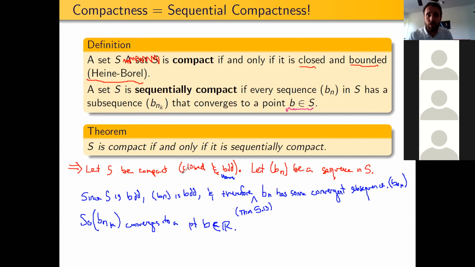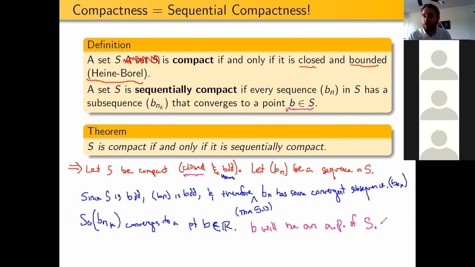And so here's where we'll need to use the fact that S is closed. So B sub n sub k converges to a point B in R. B will actually be an accumulation point of the set S, because if it's a limit of a sequence in S, then it's going to be an accumulation point of the set S itself.